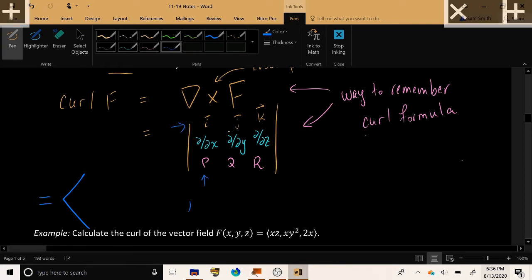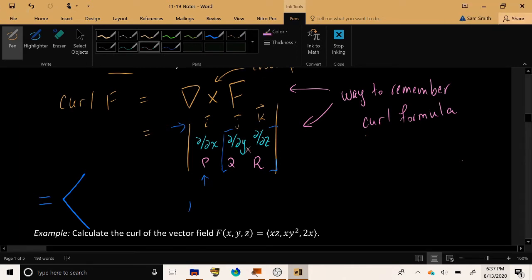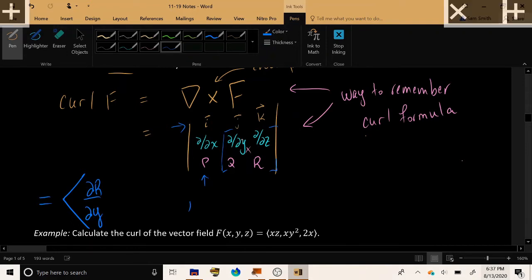So you focused your attention on the portion of the 3 by 3 matrix which excluded the first row and the first column. And then you went in and did the diagonal products, and you do partial y of R, and then you subtracted the other diagonal product, partial z of Q.